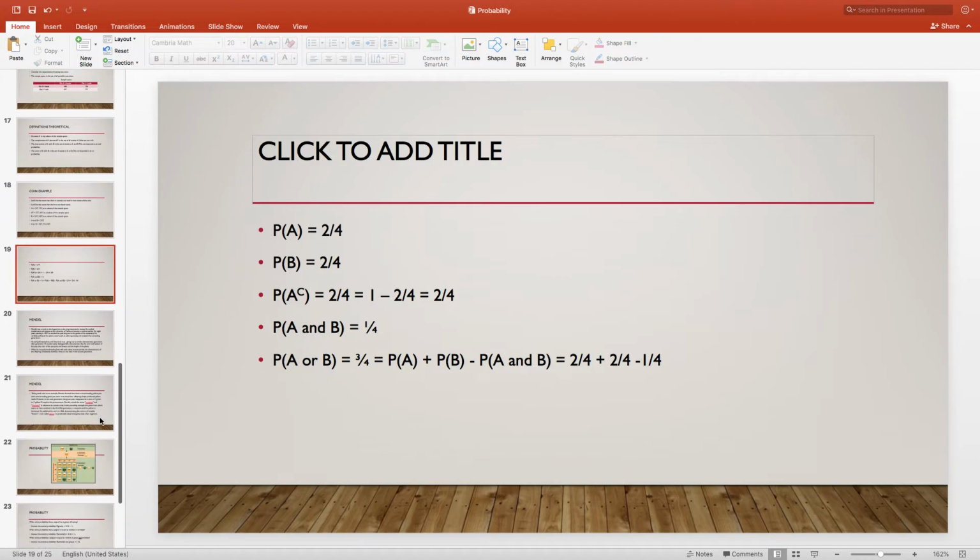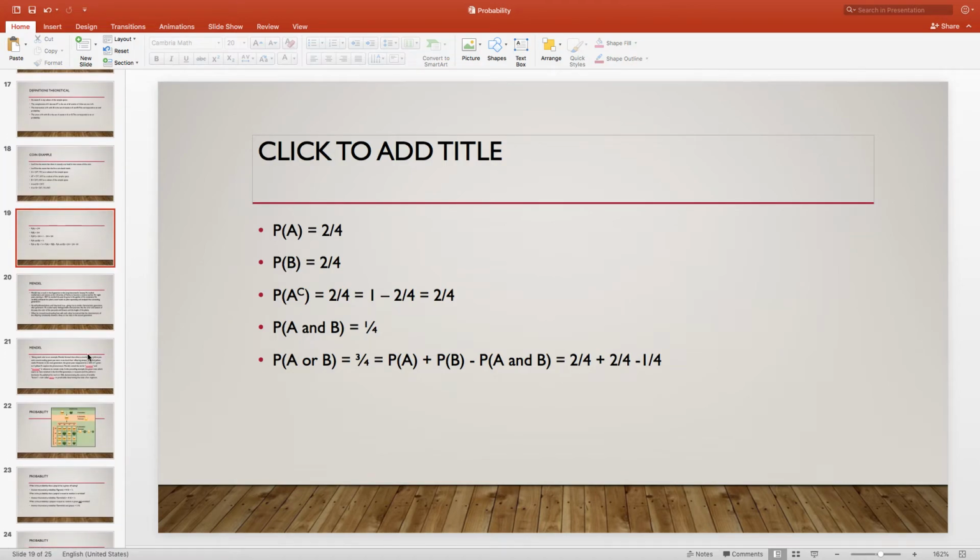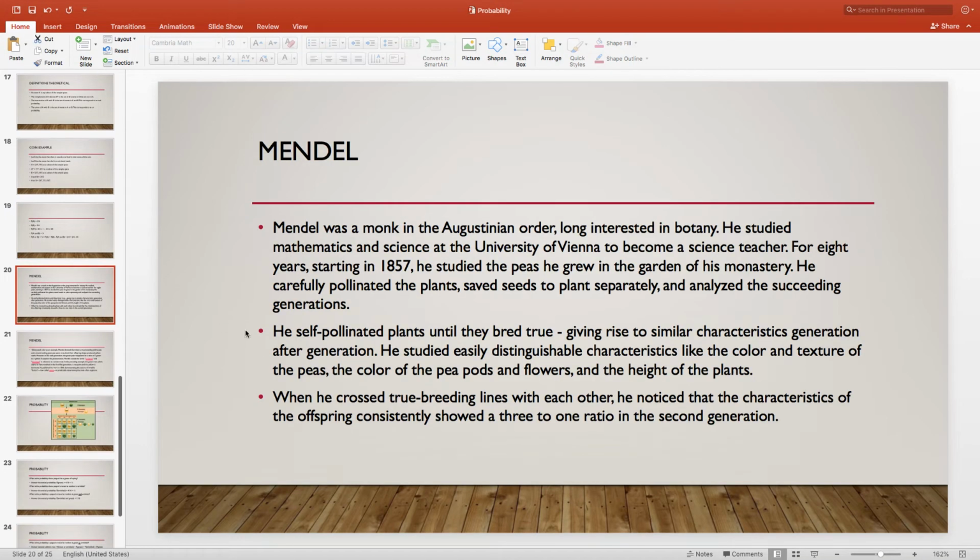Now here's an analogous experiment, and it's in genetics. And this is by a guy named Mendel. And he was a monk, and he studied mathematics and biology, and he went on to become a science teacher.